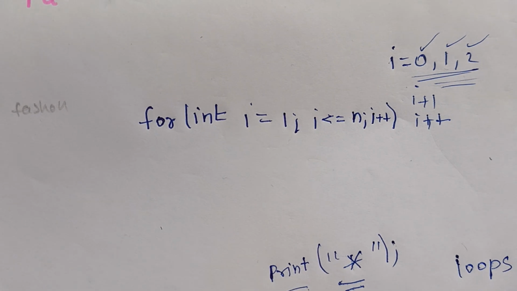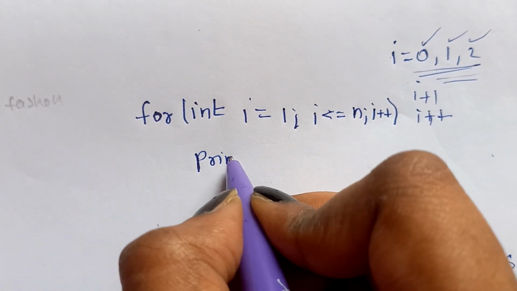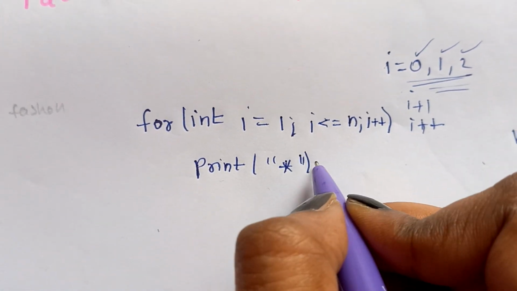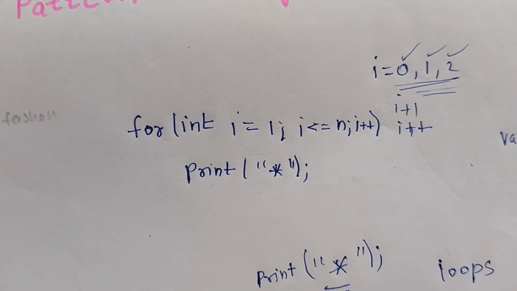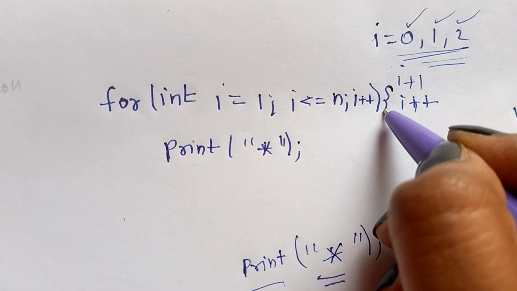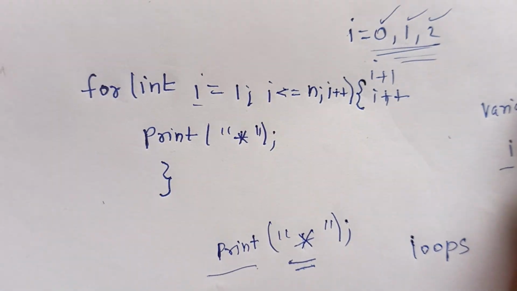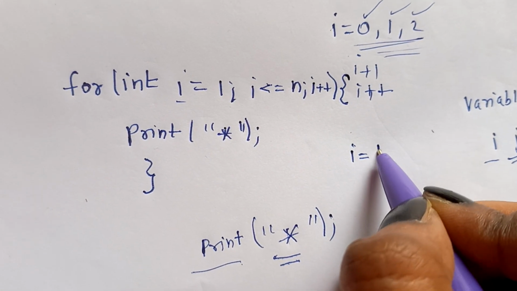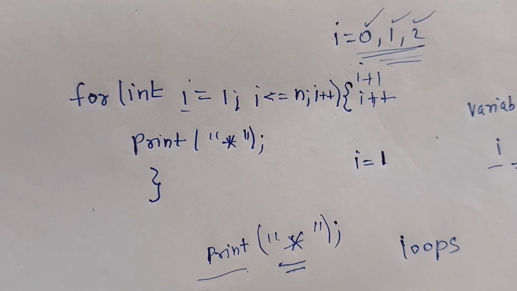Okay, so we print it like this. Generally we use curly brackets like this. So I is equal to 1. Sometimes we take I is equal to 0.